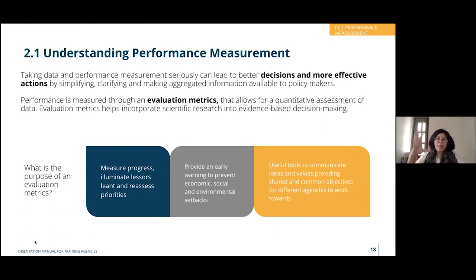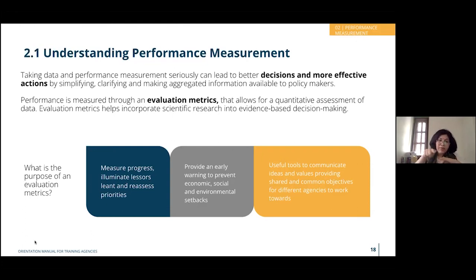So you will have some evaluation metrics which will allow cities to compare the performance of a particular city or a particular neighborhood with other neighborhoods or other similar units, right? So essentially we measure progress in a cyclical process.